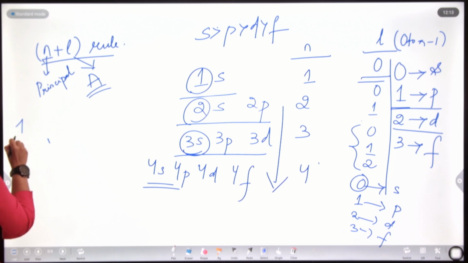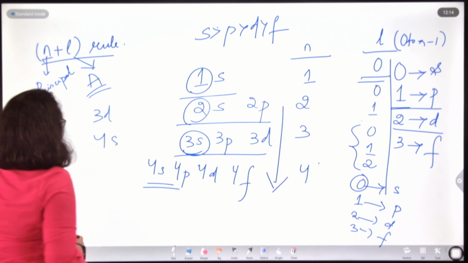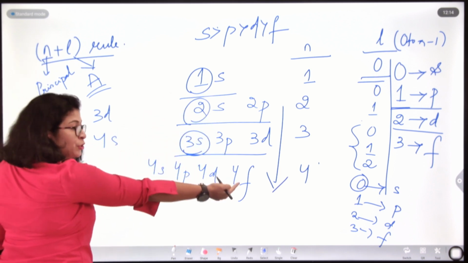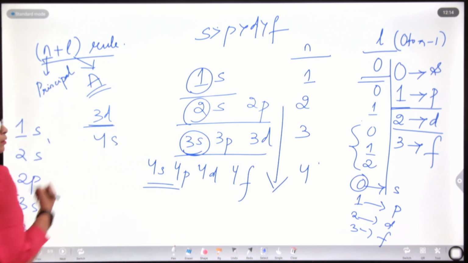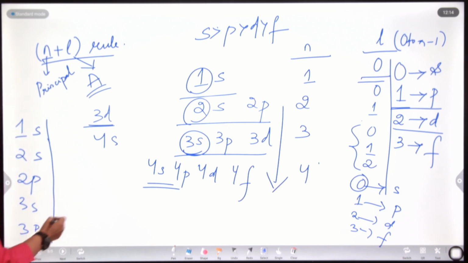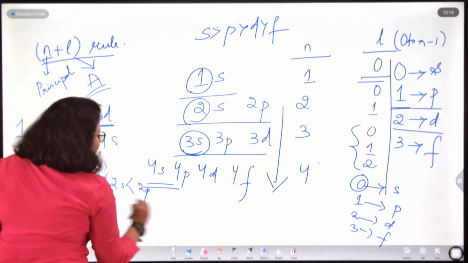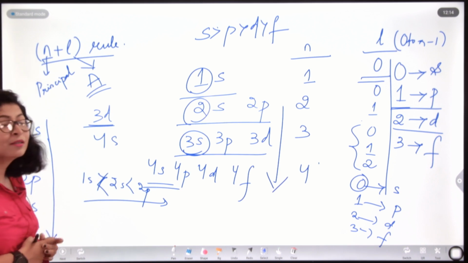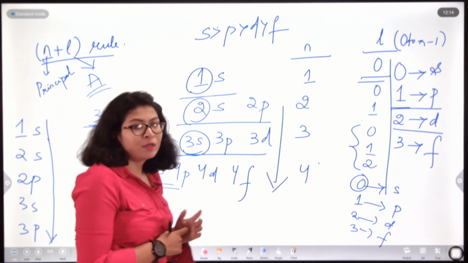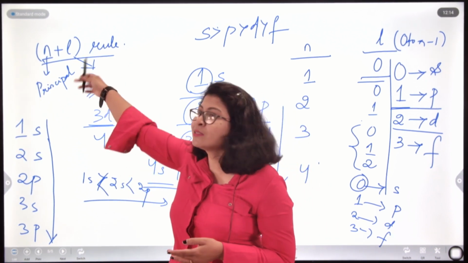If I take 1s, 2s, 2p, 3s, 3p, 3d, and suppose 4s also, and compare with energy values considering only the orbit, the energy should keep increasing: 1s less than 2s less than 2p, and so on. But the trend is not so, because energy is primarily determined by the n plus l rule.